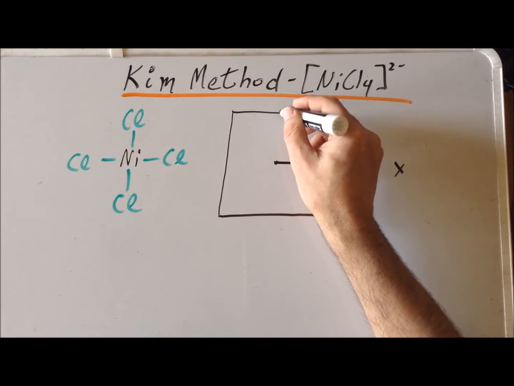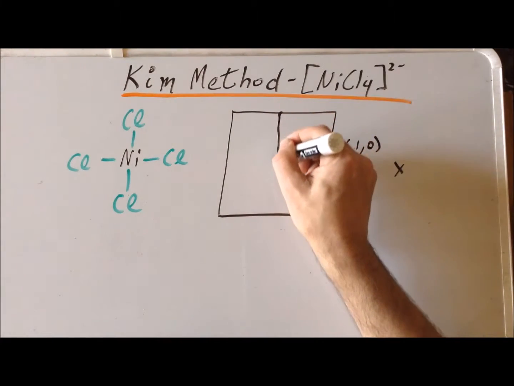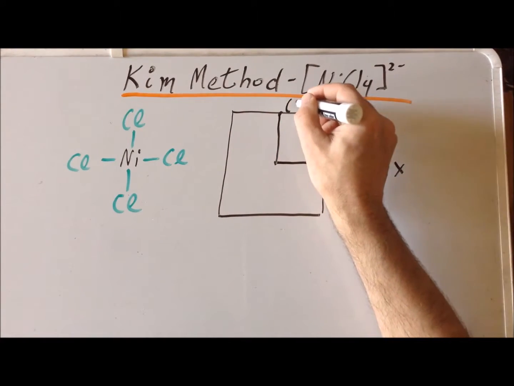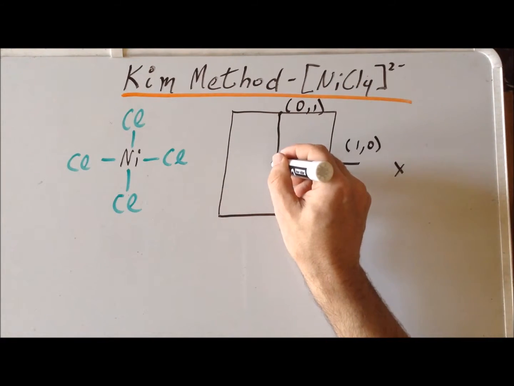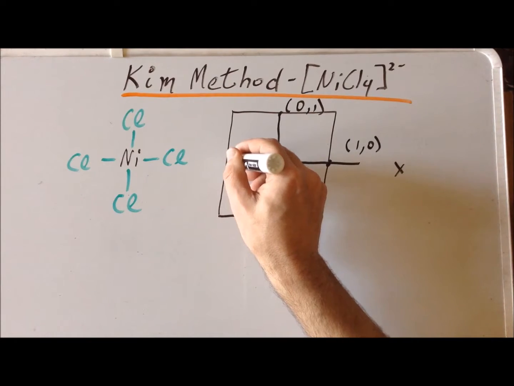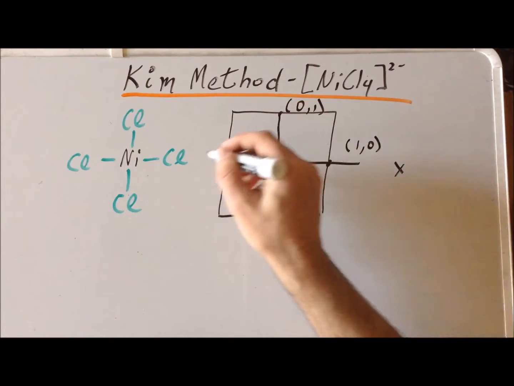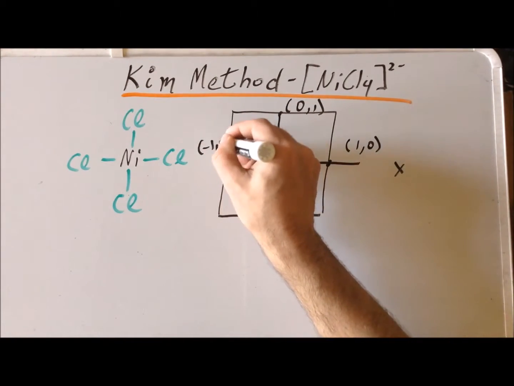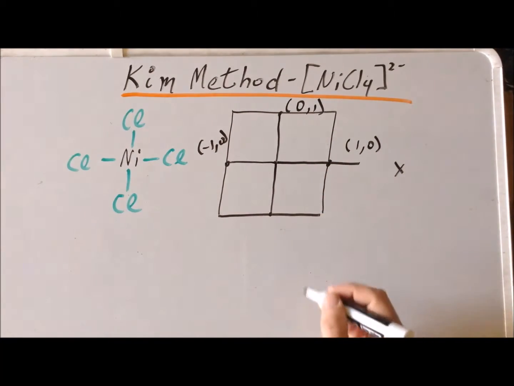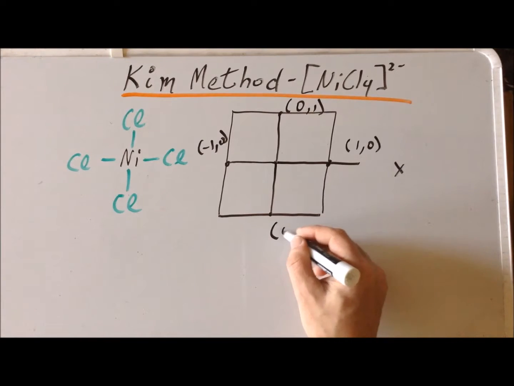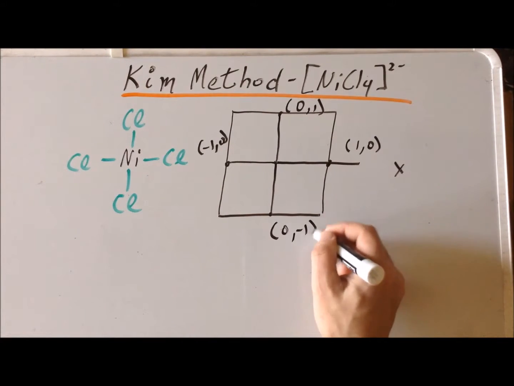For the second atom, going in the y direction, the coordinates are going to be 0, 1. For the third chlorine atom, we can represent that by the coordinates -1 and 0. And for the fourth chlorine atom, we use the coordinates 0 and -1.